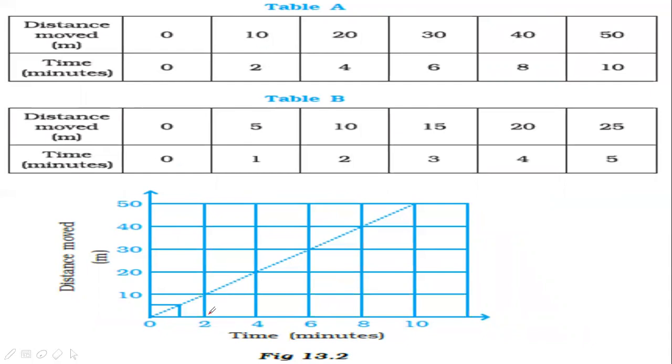And last, for 10 seconds, the distance moved is 50 meter. This is the ratio of distance and time.